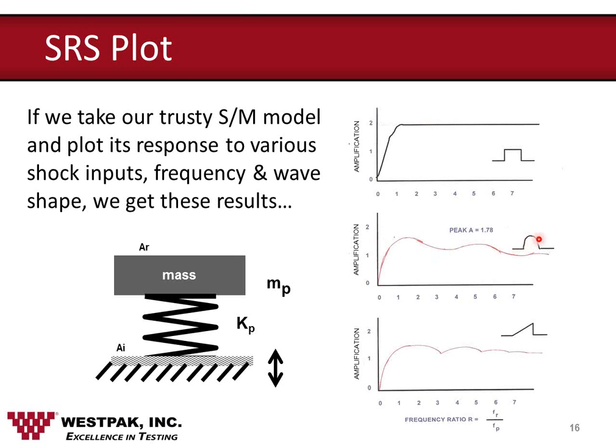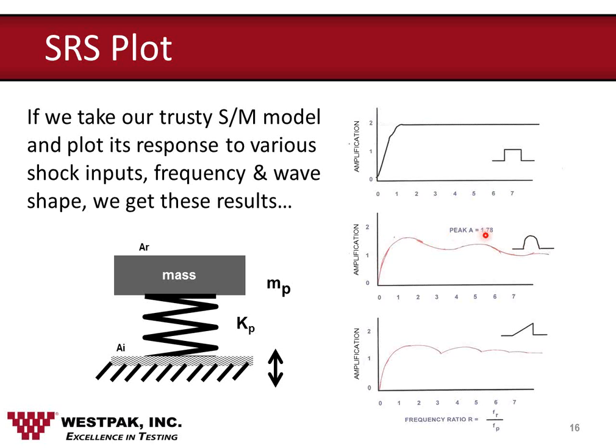For this half sine shock pulse, we see that again the maximum response of the spring mass system reaches its peak value at a frequency response over input ratio of about 1/2, and that the peak amplitude of the response is about 1.7, 1.8 times the input.